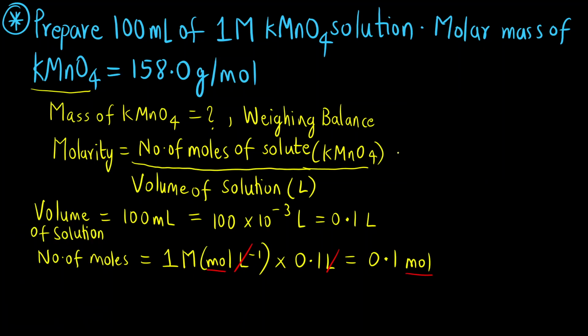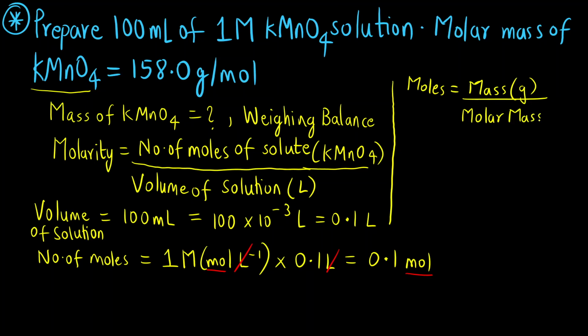And how do we calculate the mass of KMnO4 now? What are moles of any substance? Moles is the given mass of that substance in gram divided by its molar mass, which is in grams per mole. Or I can write this like this.